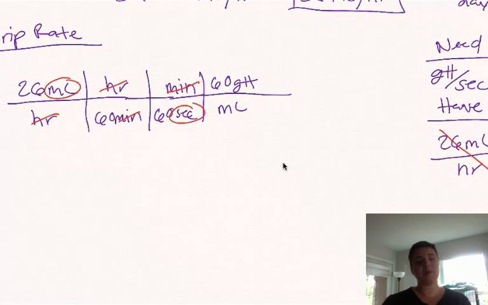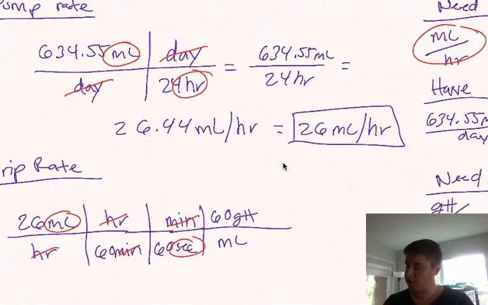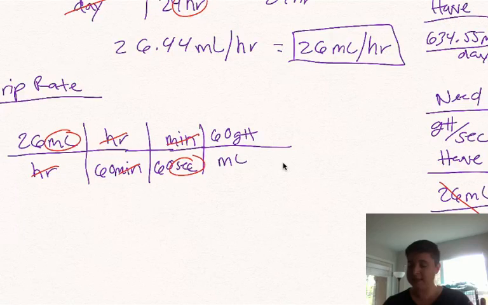The other reason most places don't worry about it is that you should ideally put the appropriate line on your bag, but it doesn't actually matter for the pump. The pump can figure it out. If you set your pump to, what was our rate? 26 milliliters an hour, it doesn't matter if you have a micro or a macro line on that bag, because the pump has a special sensor to know how much fluid is moving through it, right?